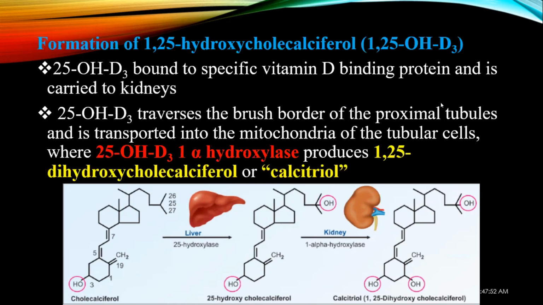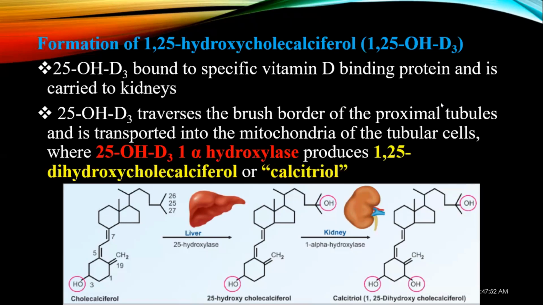So this is the formation of active vitamin D. This calcitriol is the active vitamin D, and the conversion of this pro-vitamin, cholecalciferol, to calcitriol takes place in the liver and kidney.